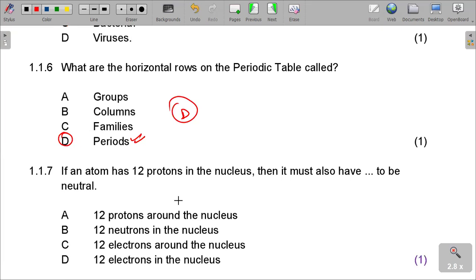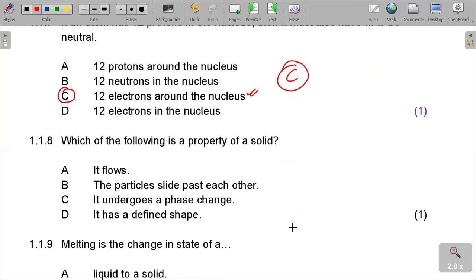It must also have 12 electrons around the nucleus, which is letter C. When it has 12 protons, it should also have 12 electrons around the nucleus in order for it to be neutral. So our answer is C.